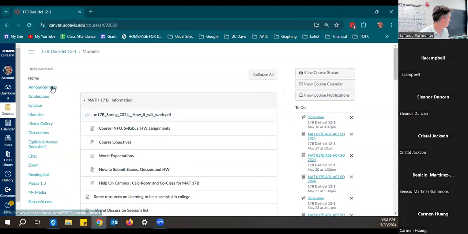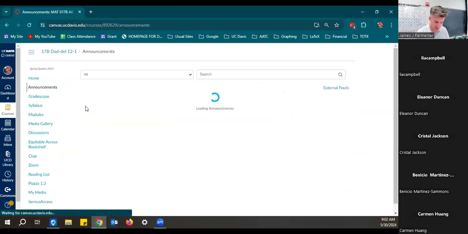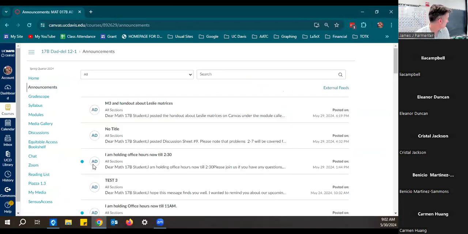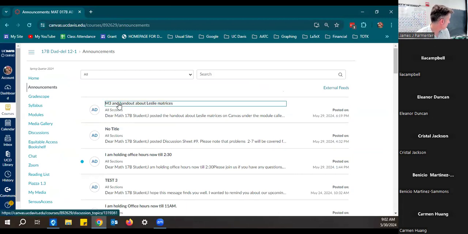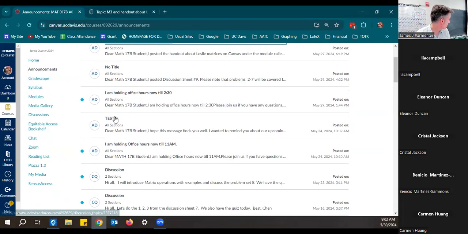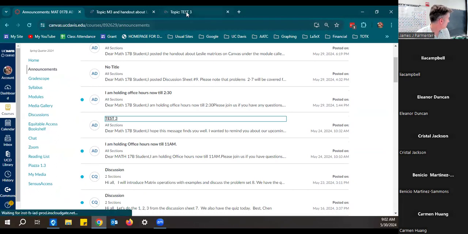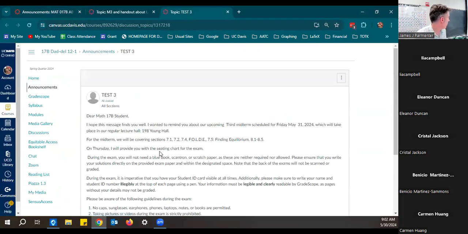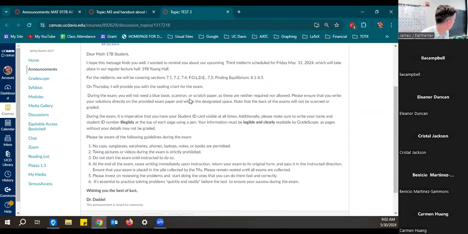Look at the announcements specifically. There are two you should have seen for sure. Specifically, the one about midterm 3 handout and lesson matrices, and also the one about test 3. If you look at the test 3 one, it talks about the usual kind of rules.